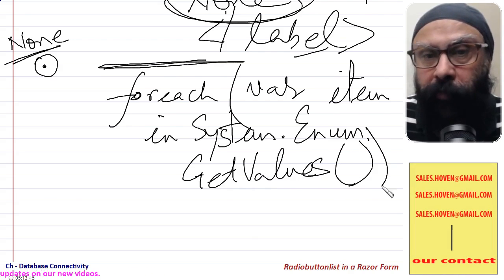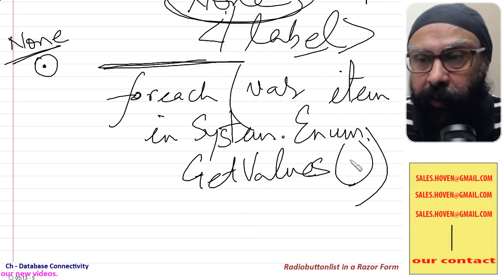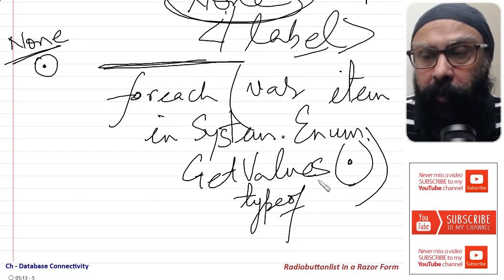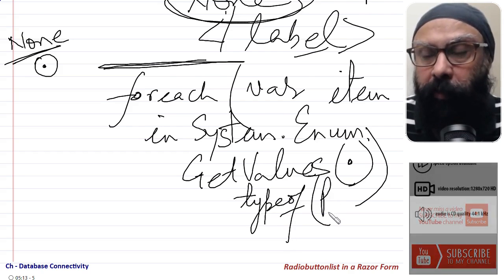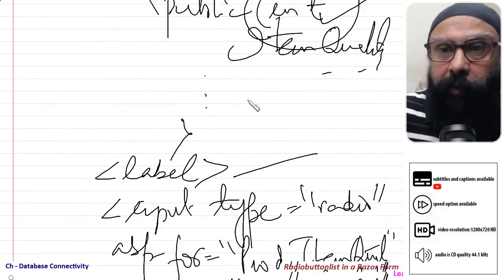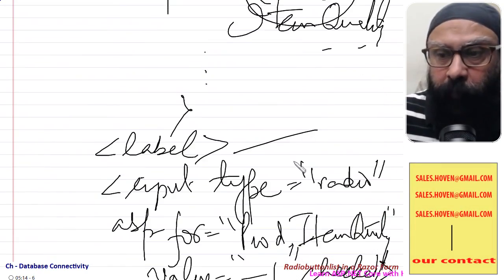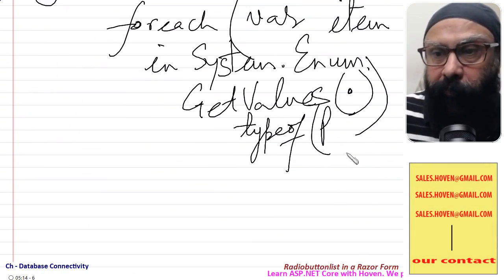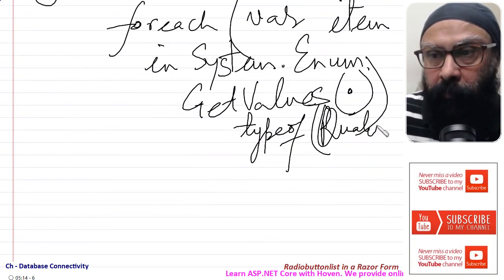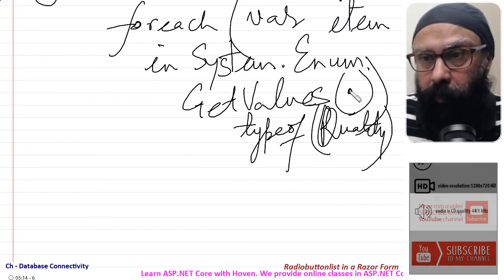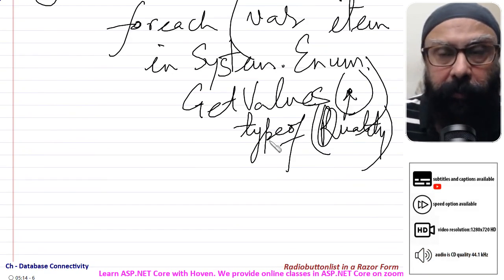So this will give you the collection, and here we have to write typeof, and the name of the enumeration is quality. Typeof quality. So this is written inside here.